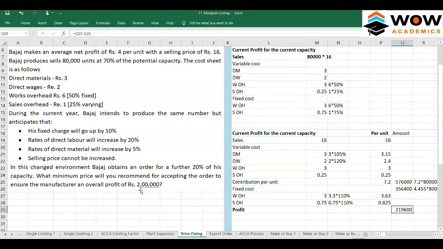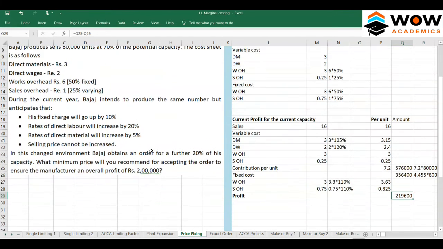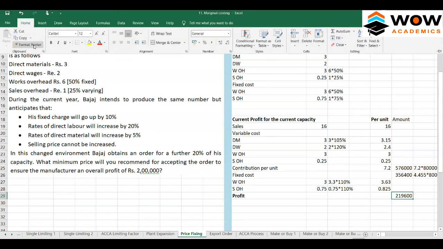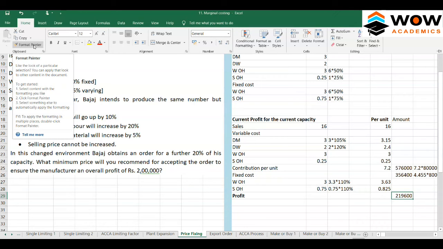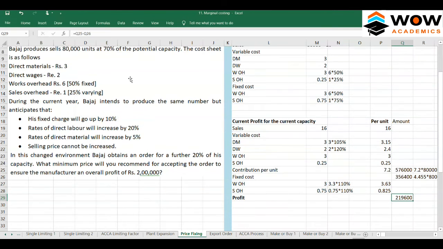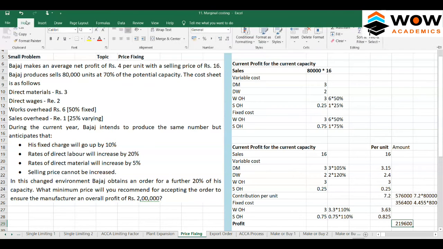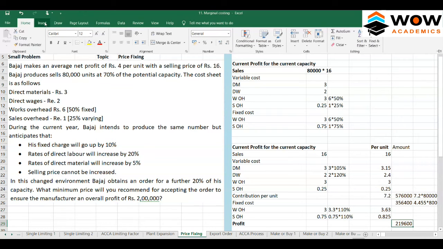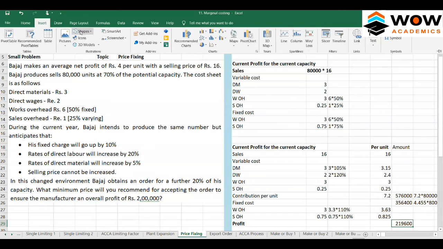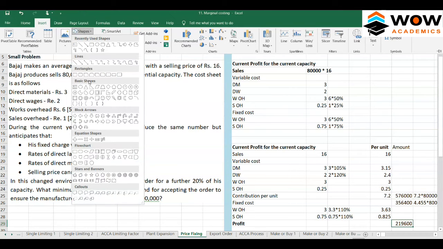So here they have put as 2 lakhs. I think there might be some kind of a problem. So what we'll do is, if you want, we'll amend it a little bit so that we can show you how the sum works. So I think we can a little bit change the question. So rather than putting it as 2 lakhs, we will put it as 3 lakhs.